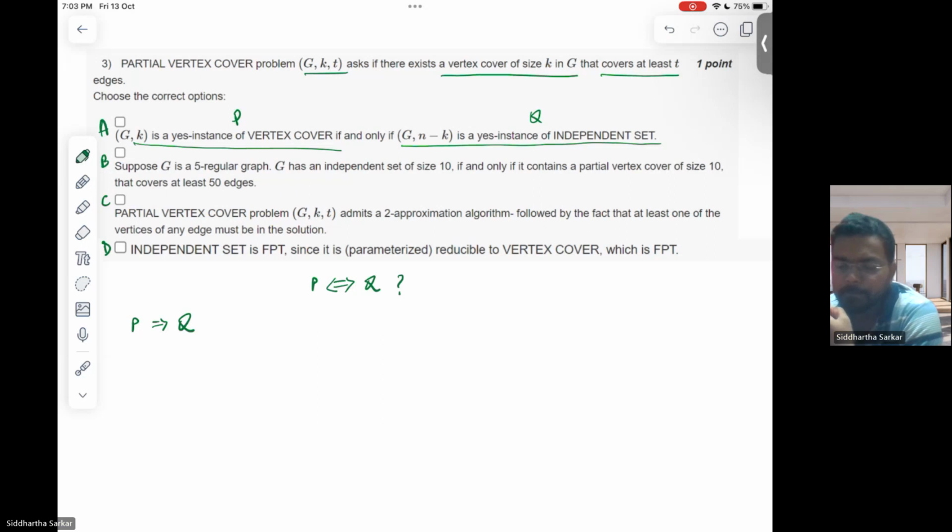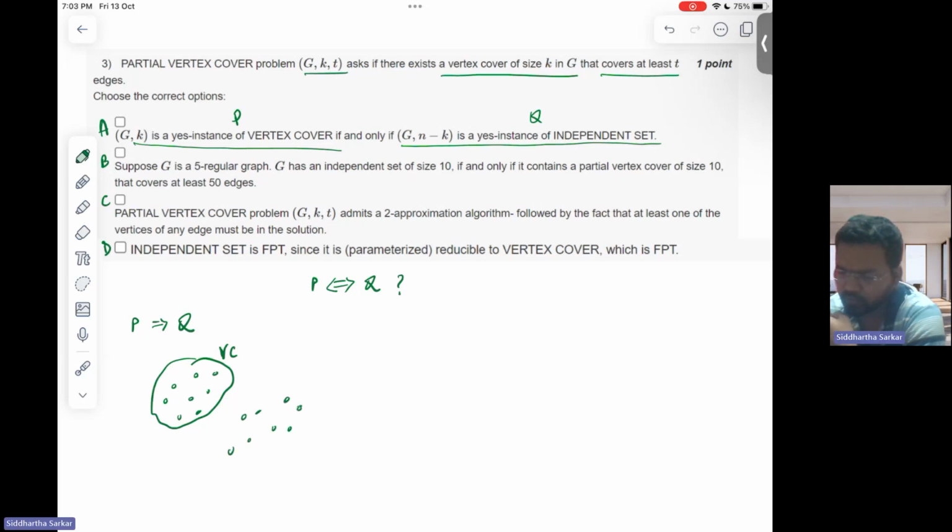So if G, K is a yes instance, there is a set of vertices which is the vertex cover. There are K vertices in this vertex cover, and some vertices are outside the vertex cover. The vertices outside of the vertex cover cannot have edges among themselves, because that will contradict the fact that the rest of the vertices is a vertex cover.